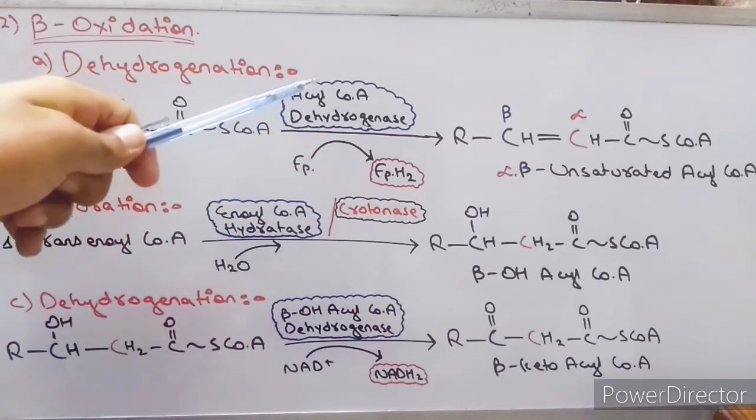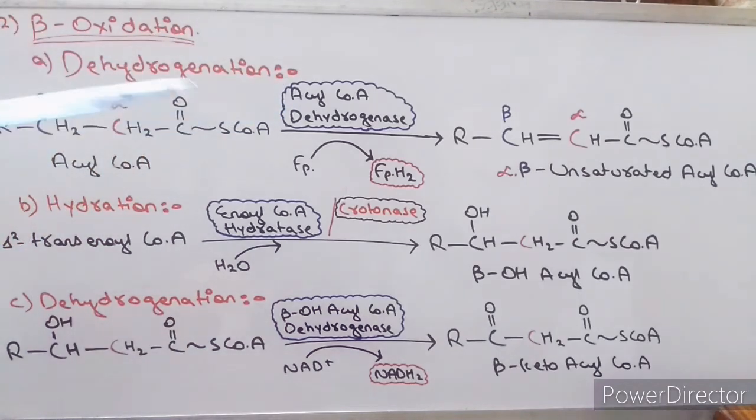This reaction is catalyzed by the acyl coenzyme dehydrogenase, and like the acyl coenzyme synthetase, the acyl coenzyme dehydrogenase has several types, each specific for a specific length of the fatty acid.